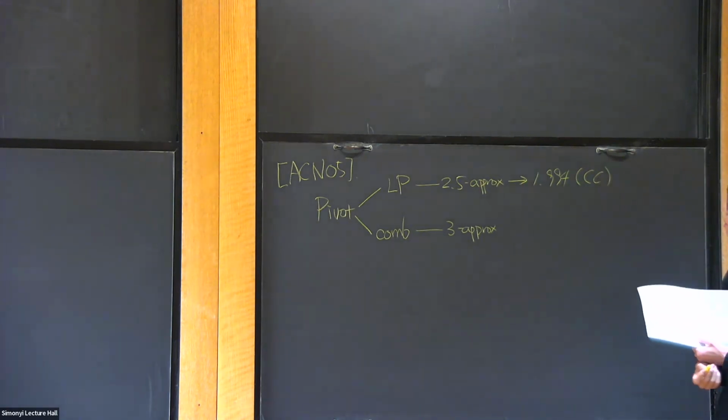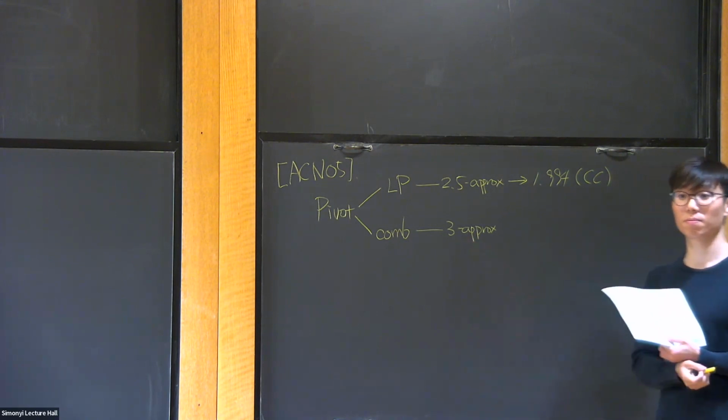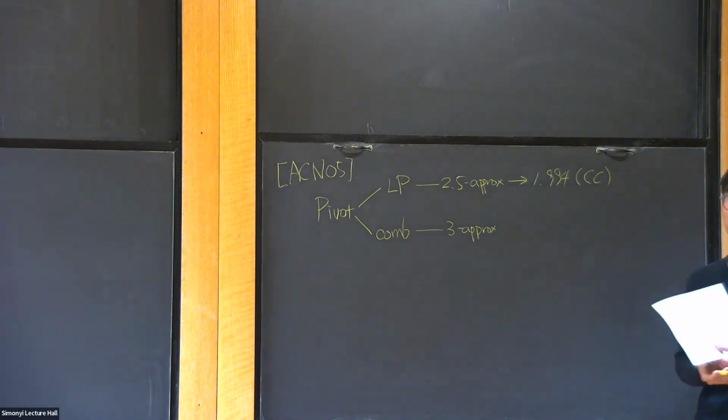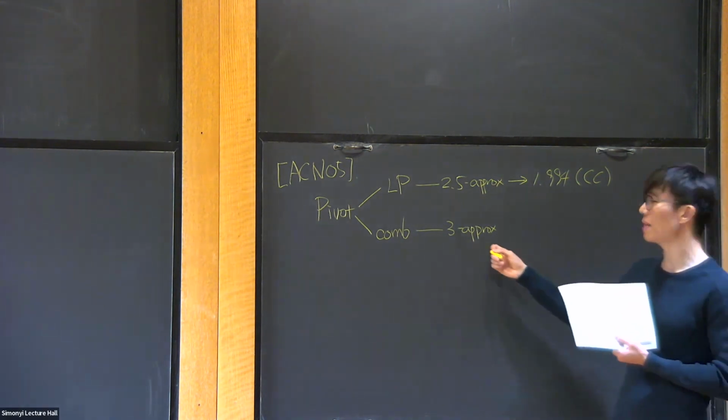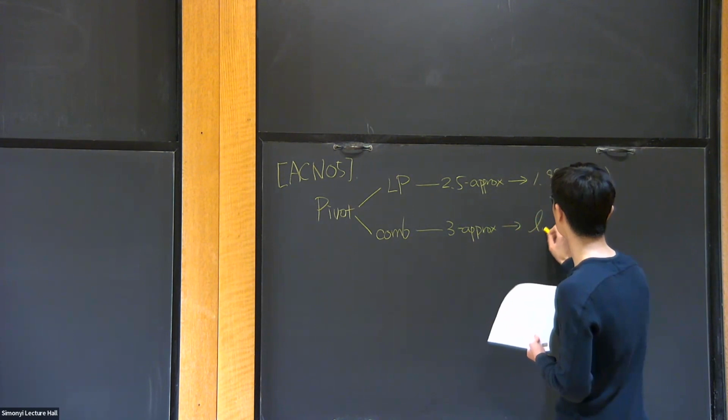And for MVD, I'm going to take the combinatorial algorithm, which is a more general problem, modify it in a very natural way, and show that it gives us a log n approximation algorithm.